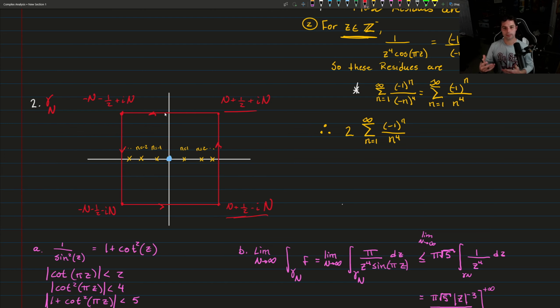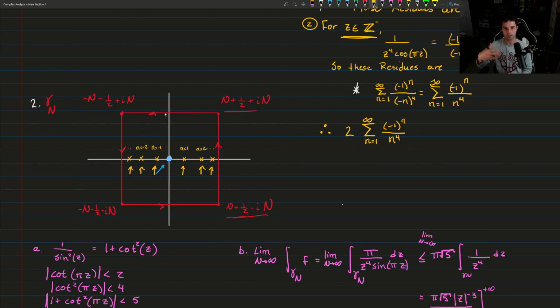Within this, we're going to have an unlimited number, if n goes to infinity, of these residues, these poles. So we have the 0 in the center in blue, and then we have each of these n equals 1, n equals 2, and n equals any integer.